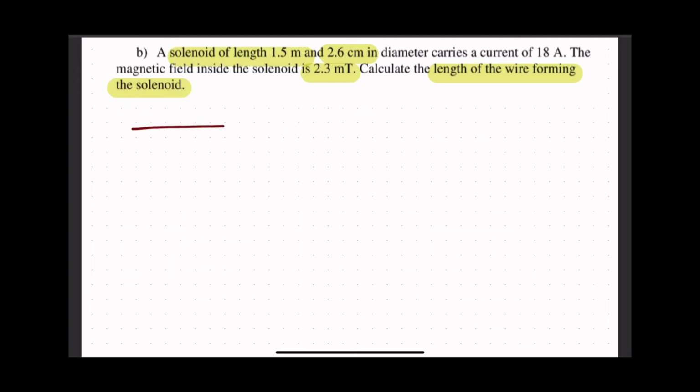Length of the wire forming solenoid adalah L besar, and then length when dia jadi solenoid adalah L yang ni. So tak sama. Okay, so formula is B is equal to mu naught Ni over L.